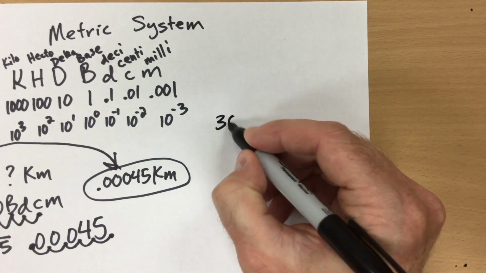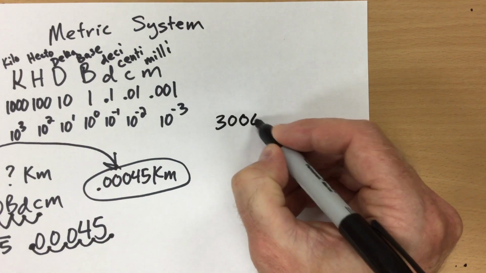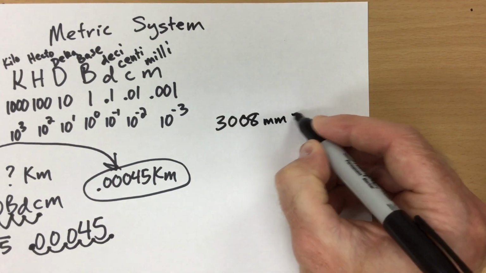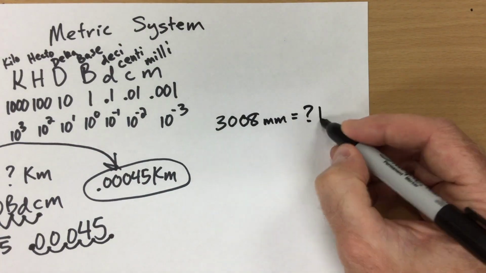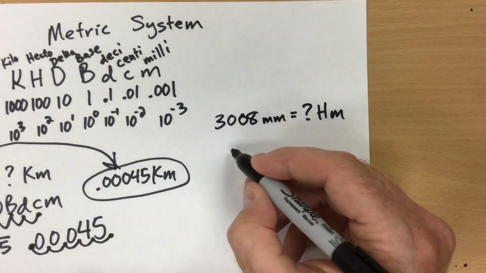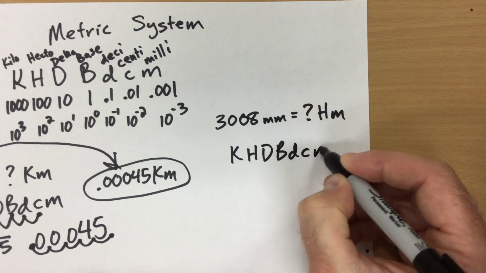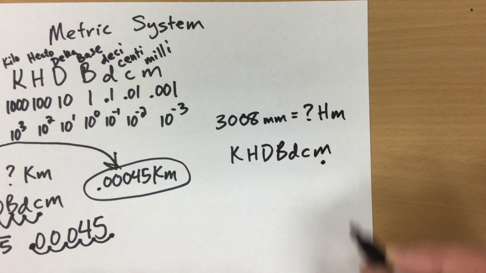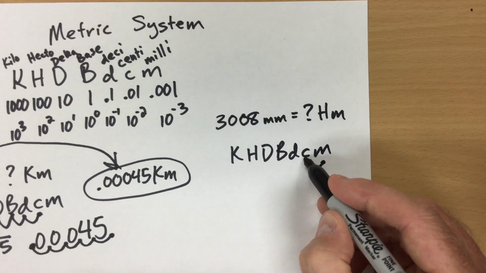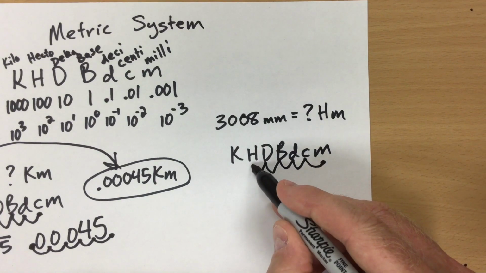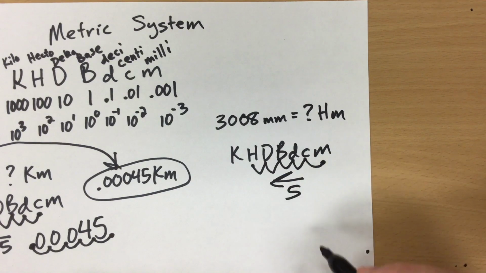Let's say we take 3,008 millimeters equals question mark hectometers. In this situation, I'm going to write out my K, H, D, B, D, C, M. I'm going to start at M, and now I'm moving to hecto. 1, 2, 3, 4, 5. I've just moved 5 jumps to the left.